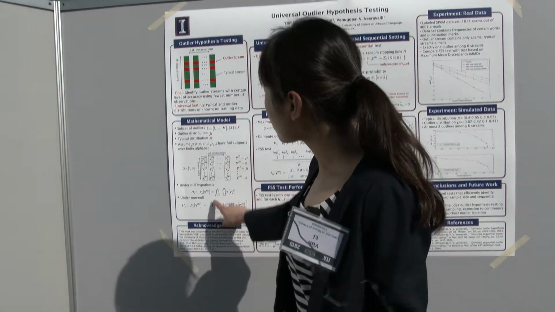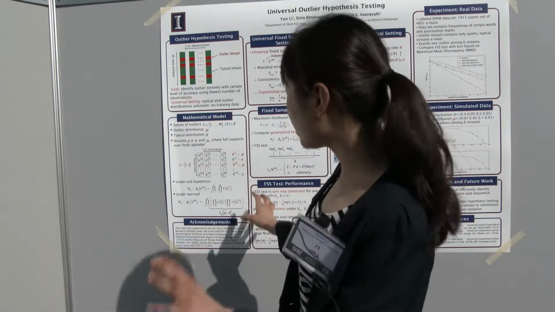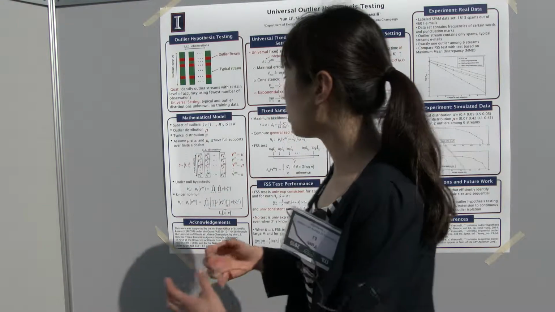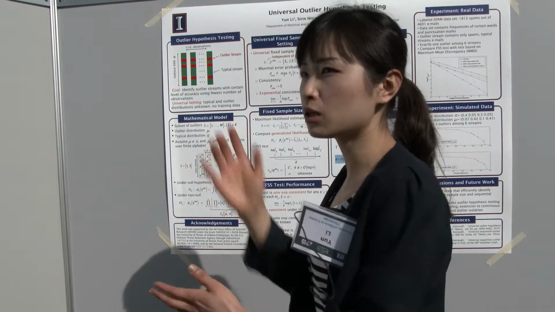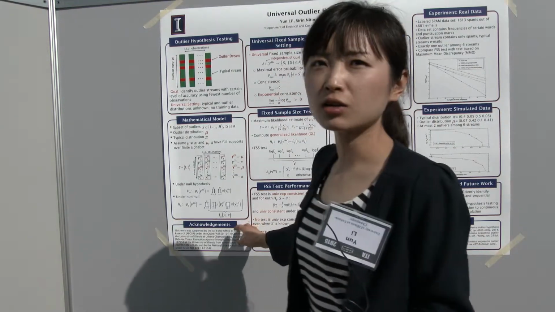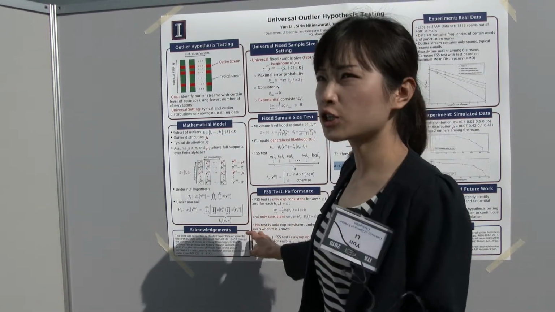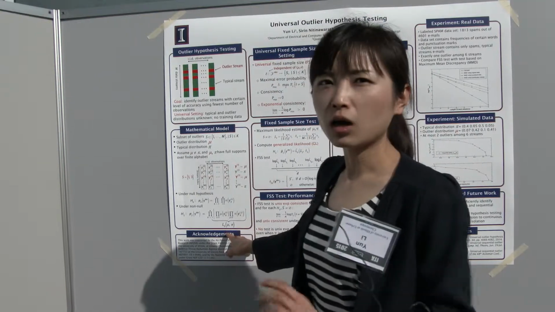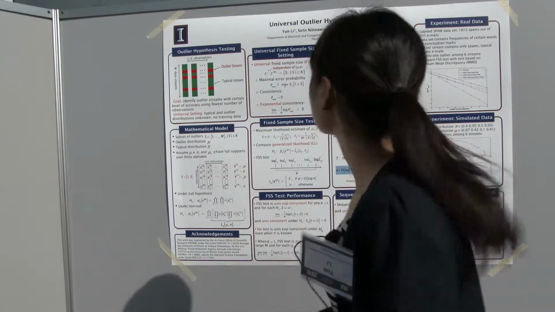That's the inner product here, the parts within the brackets. The outer product comes from the independence assumption between the observations. We use L to denote the likelihoods, and it is a function of both mu and pi, and also the underlying outlier subset S.